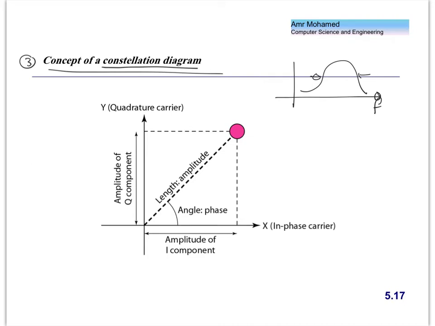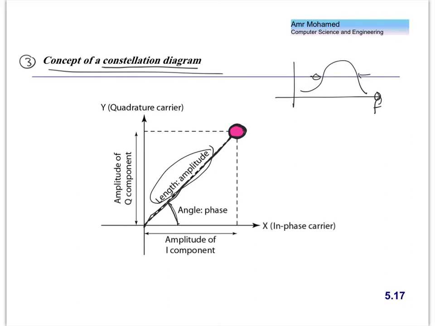So the Constellation Diagram represents the signal as follows. Here we have a dot. Each sine wave is represented in the 4 quarters of this diagram as a dot. The distance between this dot and the origin is in fact the maximum amplitude of the sine wave.